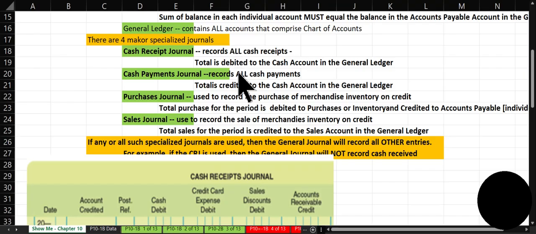With computers, to be very candid, these specialized journals, if they are used, would not be used as often as they were before, because we can easily record things and automatically have them entered in the appropriate accounts. But it's important to appreciate that there is efficiency, especially for a manual system, if you understand how these specialized journals are used.